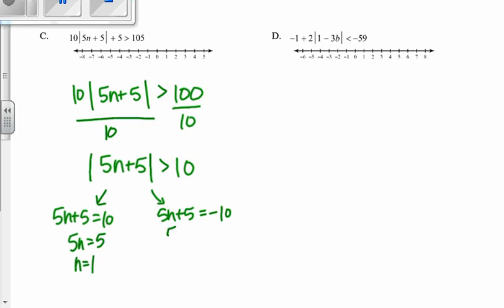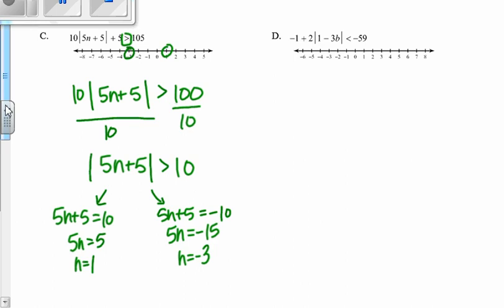And over here, if I subtract 5, I get -15 divided by 5, n equals -3. So at 1 and -3, I have to decide what type of point to make. Looking at that inequality symbol from the very beginning, it does not have an equal to. So I'm going to make an open point at 1 and an open point at -3.